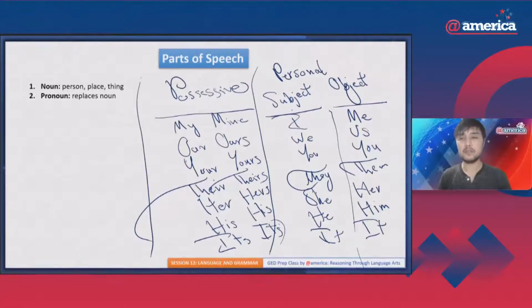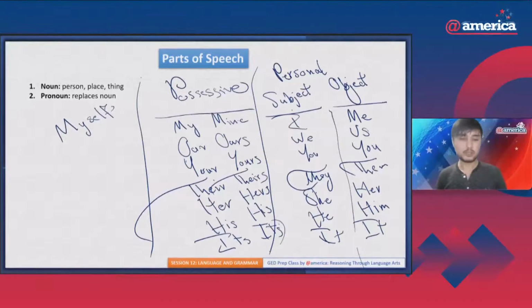And then you have pronouns like reflexive pronouns. You have myself. The idea here is that it doesn't really matter what type of noun you use. There is always a pronoun to replace that noun.